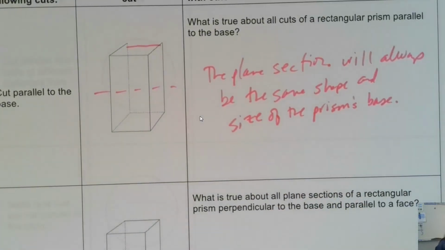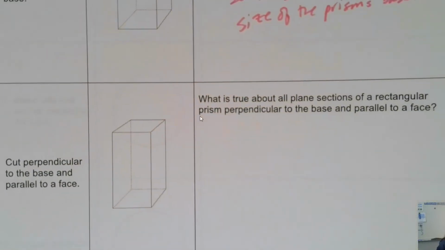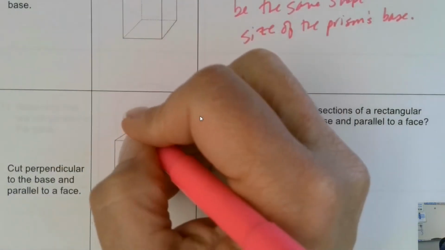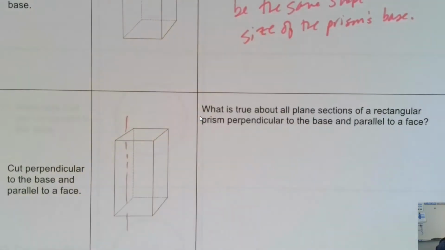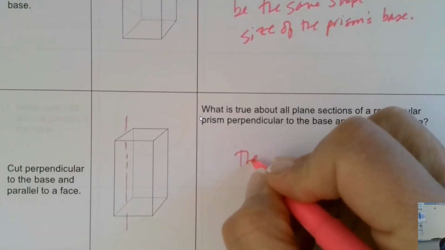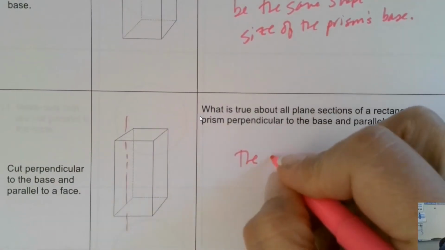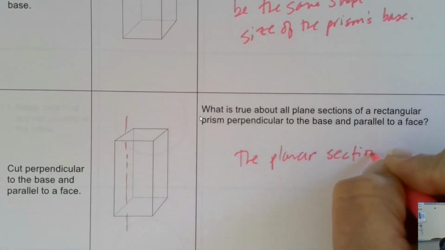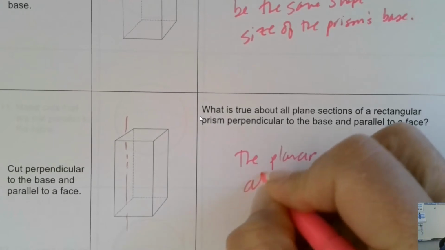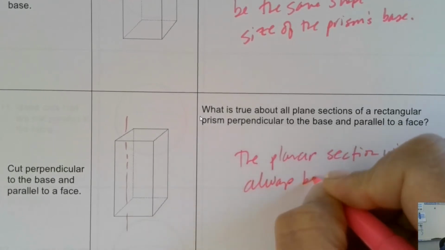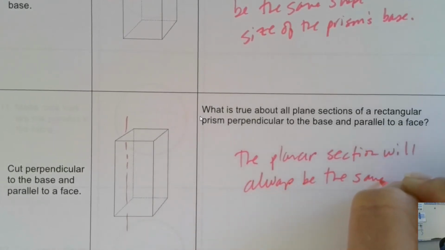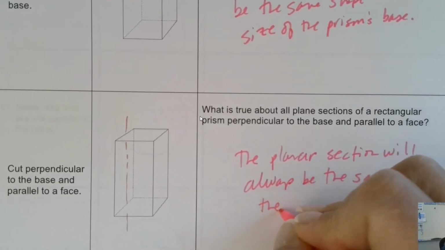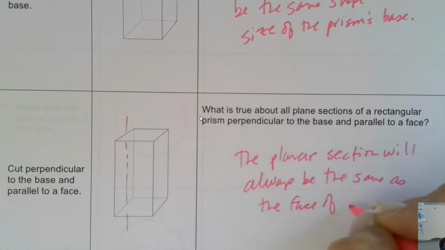Now perpendicular to the base, parallel to a face, something like that. What's true about this? The planar section will always be the same as the face of the prism.